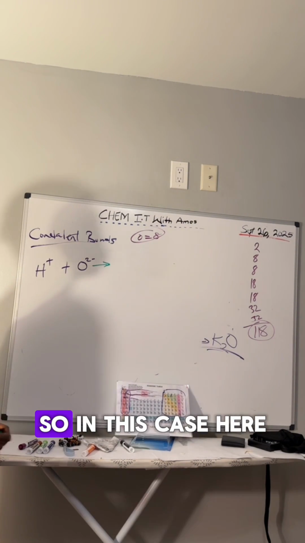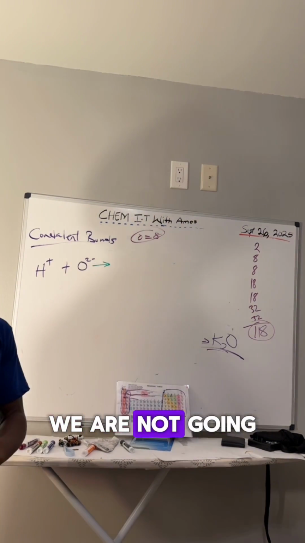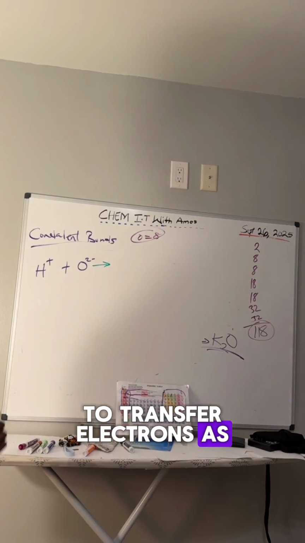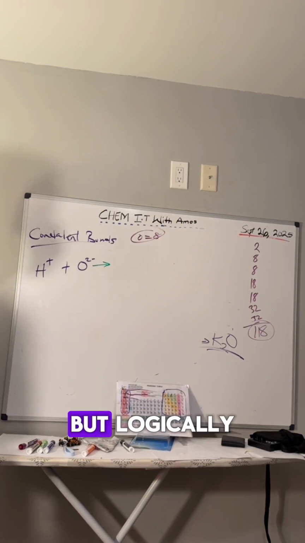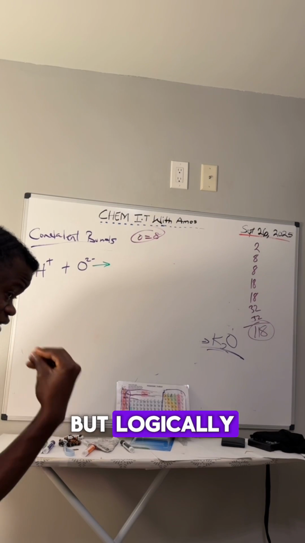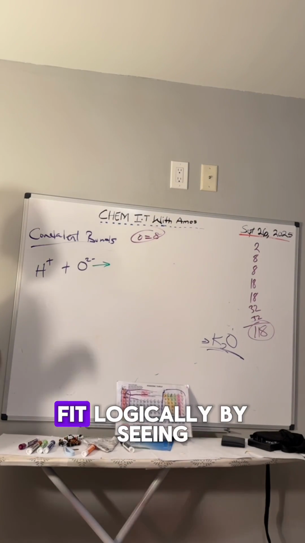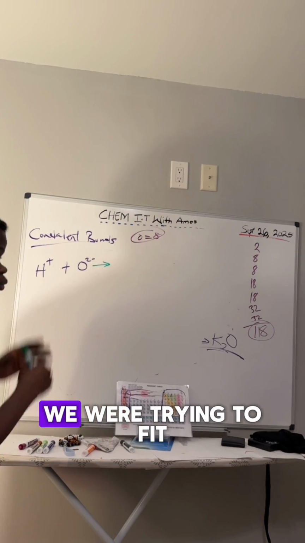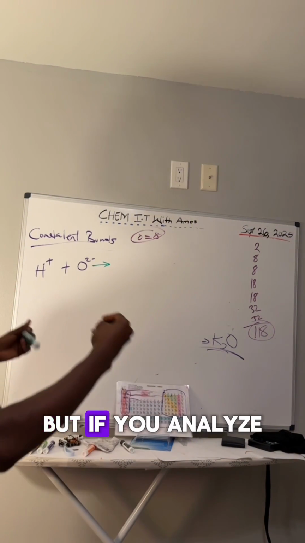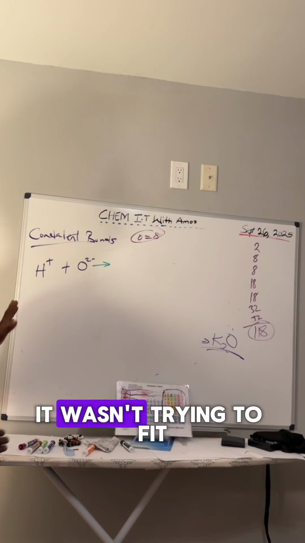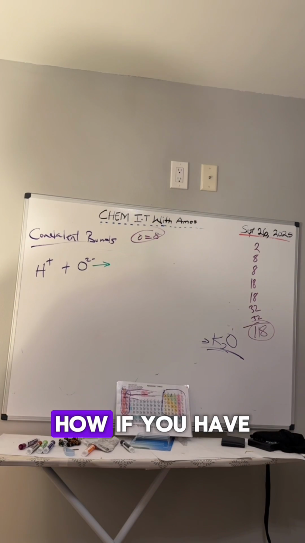So in this case, we are not going to transfer electrons as we did in the previous one, but logically, by seeing, we will transfer. But if you analyze, you will say no, it wasn't a transfer. How?